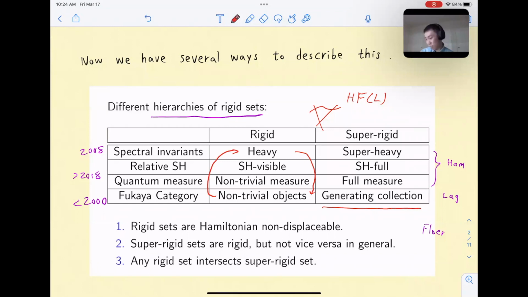In general I don't know whether this is true, but using the second language, one can think the following. We have HF of L, and we also have SHM of L, just viewing L as a compact set itself.